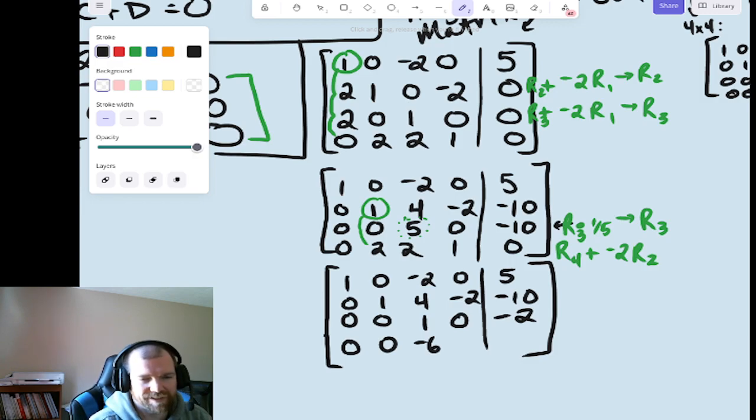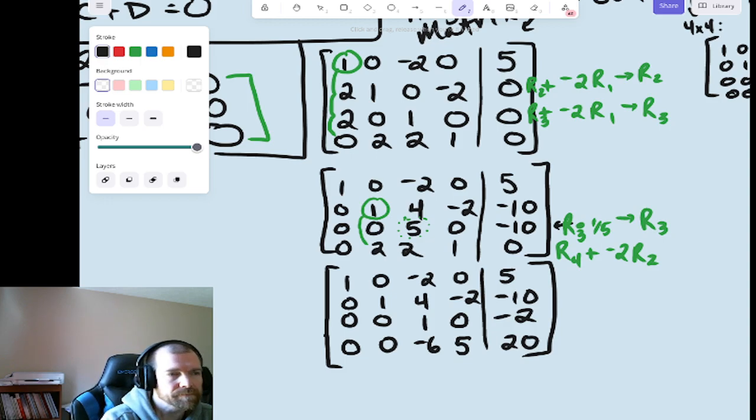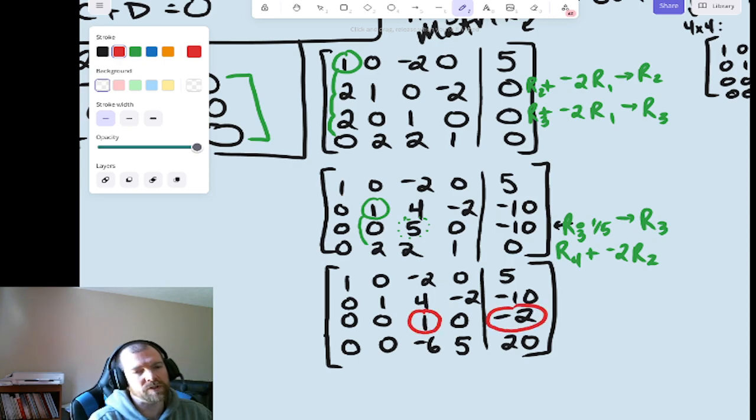Nice. -2 times -2 is 4, plus 1 is 5. And then -2 times -10 is going to be positive 20, plus 0 is positive 20. All right, so again, we know that C was going to be -2.